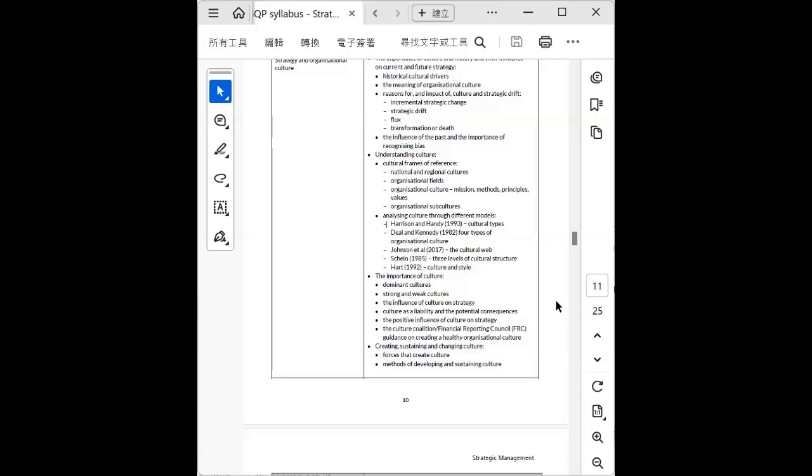For example, in the early days of Apple, Steve Jobs had an immense influence over the product decisions and the company's direction. So they have this sort of power culture within the organization. When you're given a case, you have to analyze what type of culture it is by using Handy's culture types classifications.